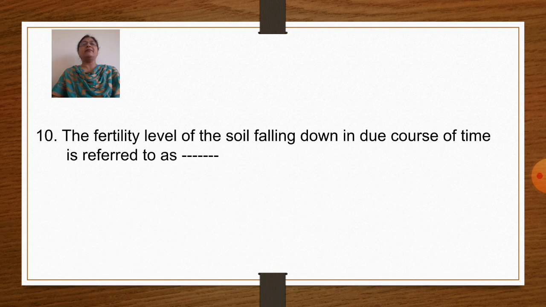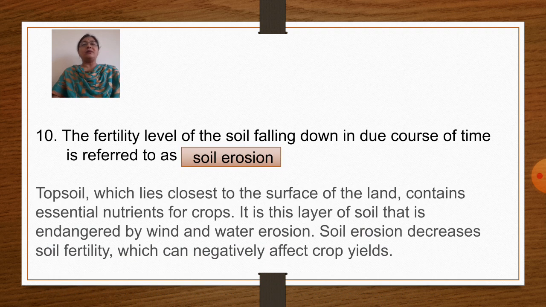Next, fill in the blank. The fertility level of the soil falling down in due course of time is referred to as soil erosion. Topsoil, which lies closest to the surface of the land, contains essential nutrients for crops. It is this layer of soil that is endangered by wind and water erosion.